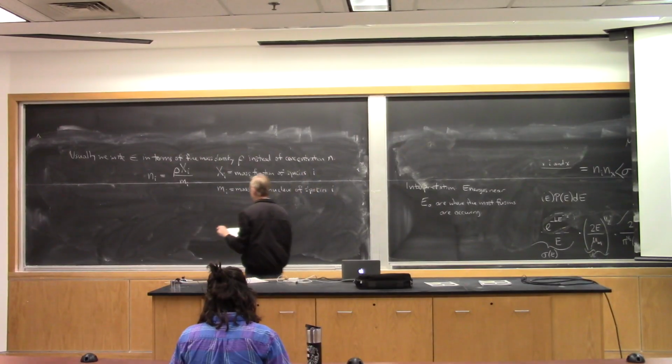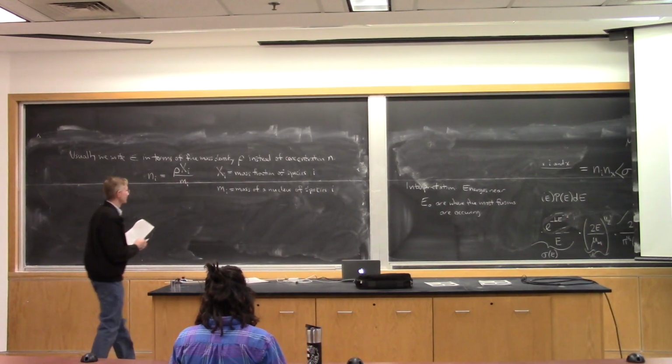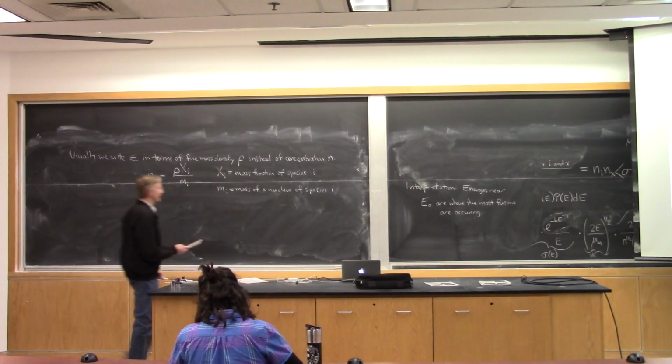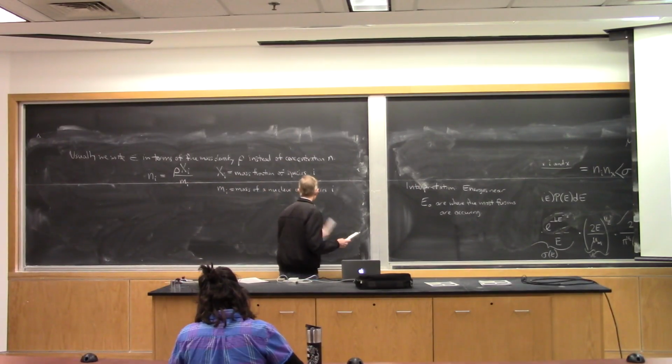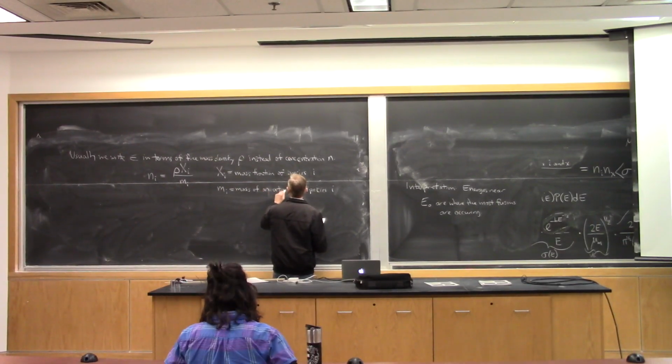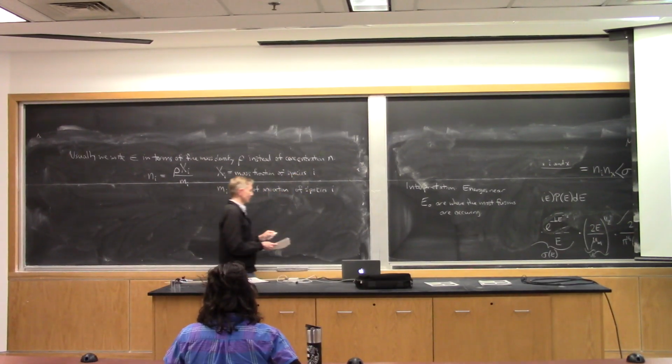You can include the electrons with it too if you wanted, because they're so tiny compared to the nucleus. So actually I will just say an atom of species i, because everything normally would include its electrons too, even though they're only like 1/2000. Because deep in the sun, there ain't no intact atoms.